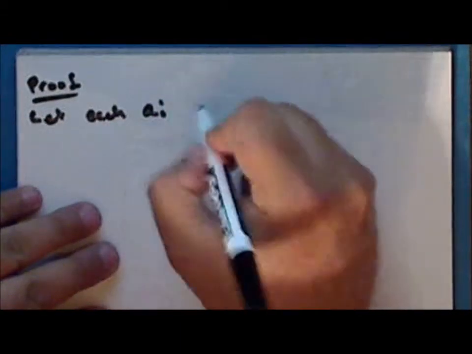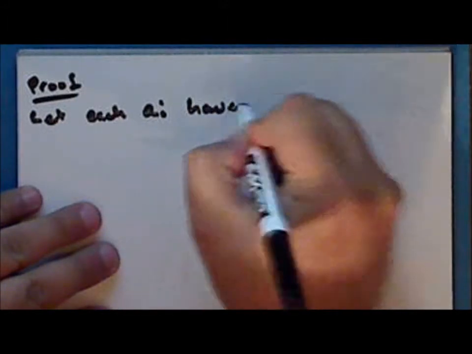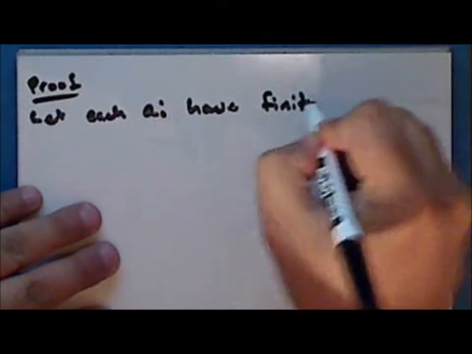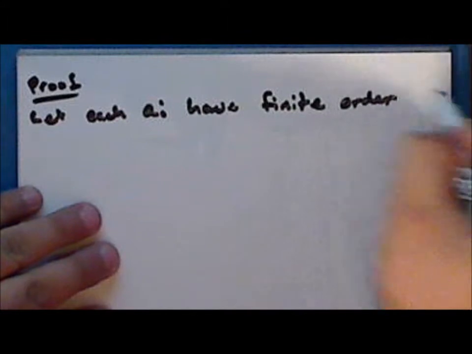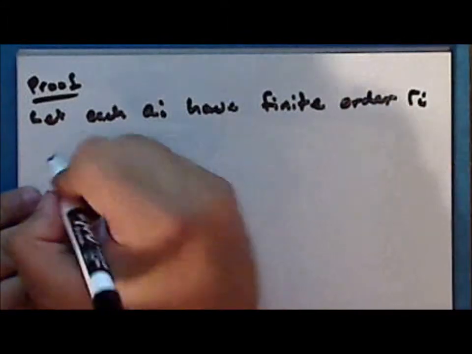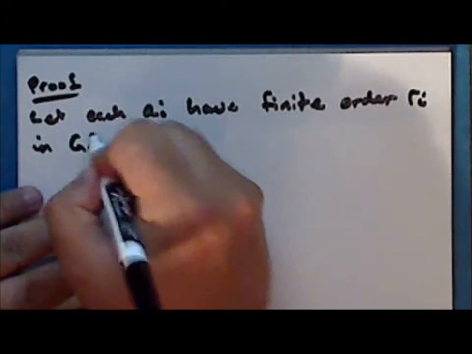So proof, let each element a sub i have finite order r sub i in the group G sub i.